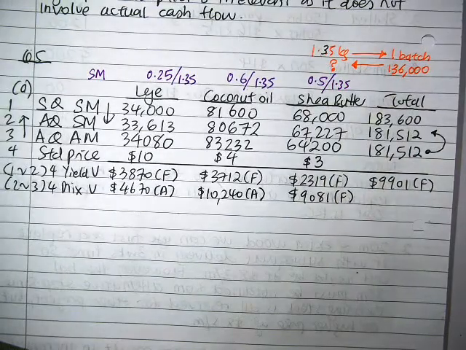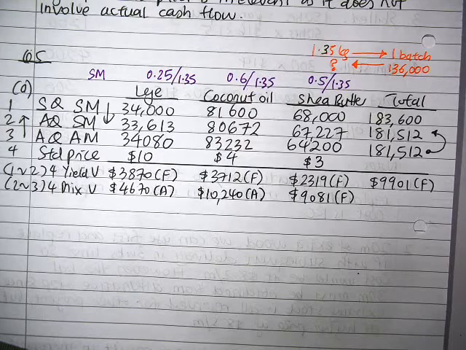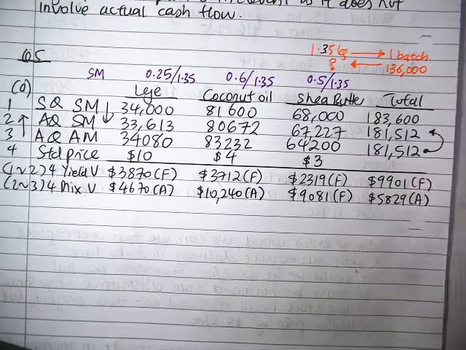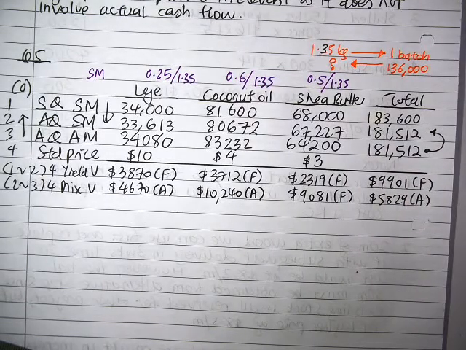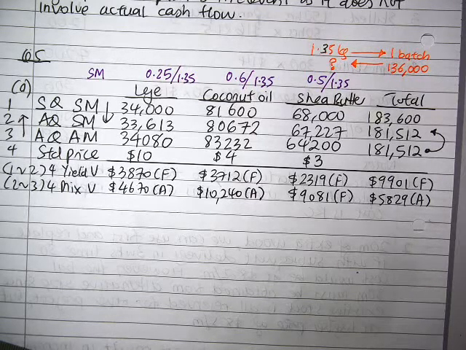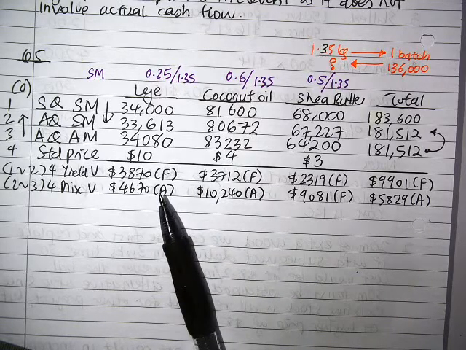Now the total net variance is adverse more than favorable, so it's 5,829 adverse. Usually for yield variance you can look at the total, but for mix variance we don't look at the total. Total mix variance cannot show anything, because you must see which one you changed the mix for, whether it's more or less. So that's the part we have for Question 5.